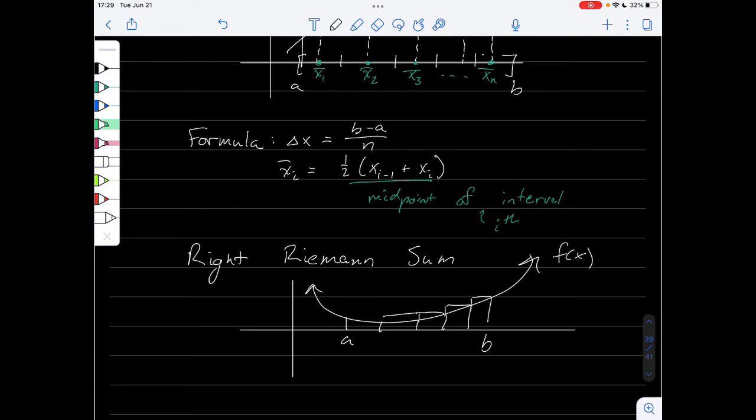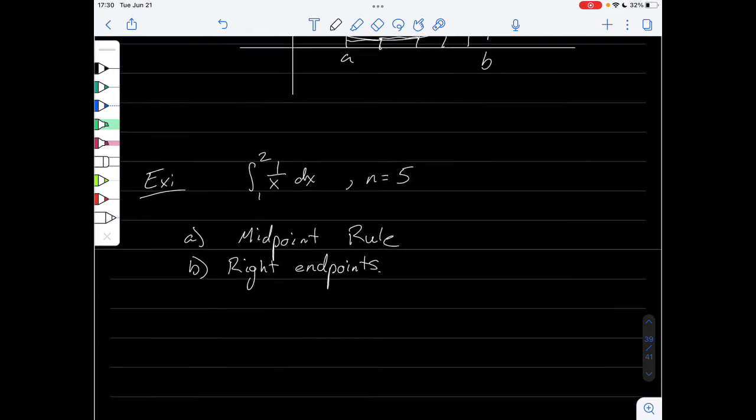And so it's the exact same thing as the area formula that we did last time. So it's not nearly as complicated. Okay, so let's look at an example.